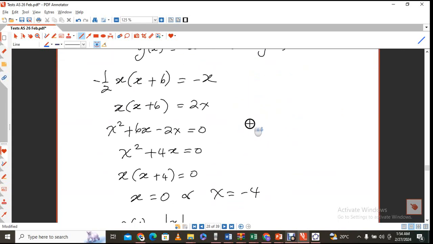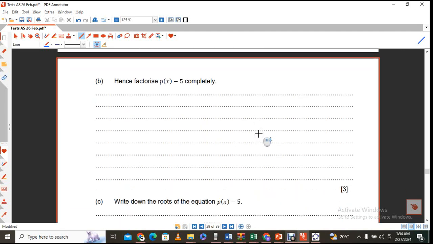Now, I'm going to jump to the other page. Now they say we must factorize. So what we are factorizing is this p of x. Remember, p of x was nothing but 8x cubed plus 30x squared plus 13x minus 25.